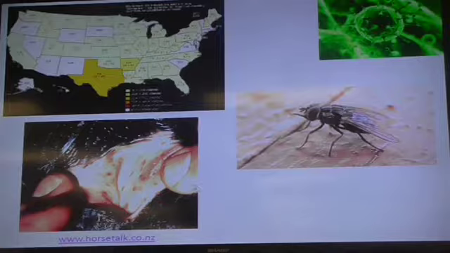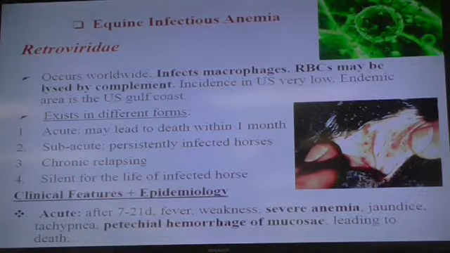Now, the characteristic feature obviously is anemia. In equine infectious anemia, this is showing here the petechial hemorrhages and the pale mucosa as a result of the anemia. Like the equine arteritis virus, it infects macrophages.